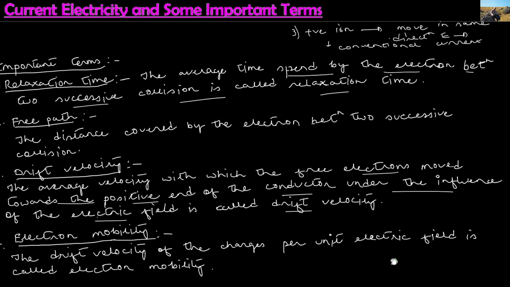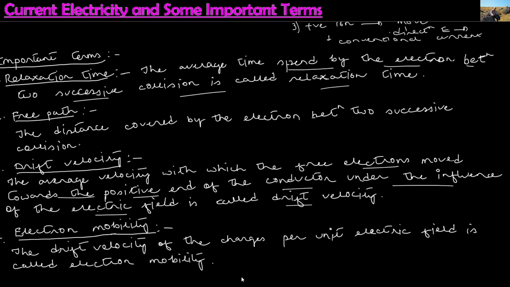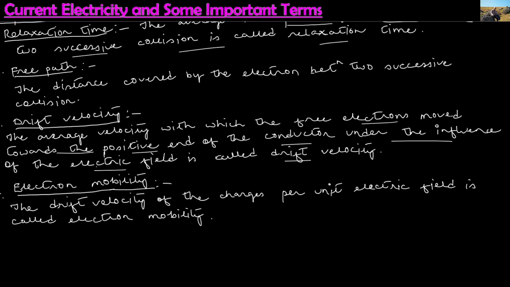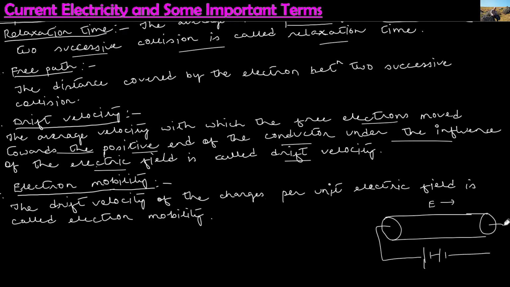So now we have to understand also what electron mobility is. When we assume a wire, and we pass a potential across the wire in the form of a battery, an electric field will be set up.